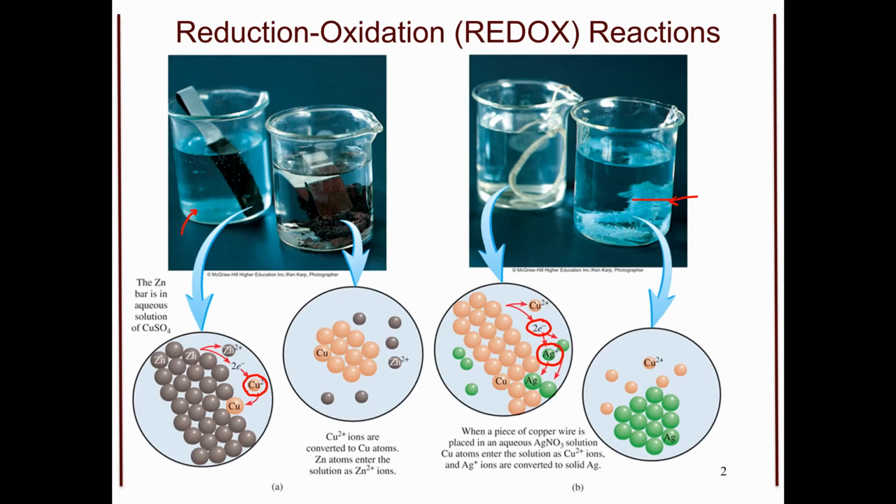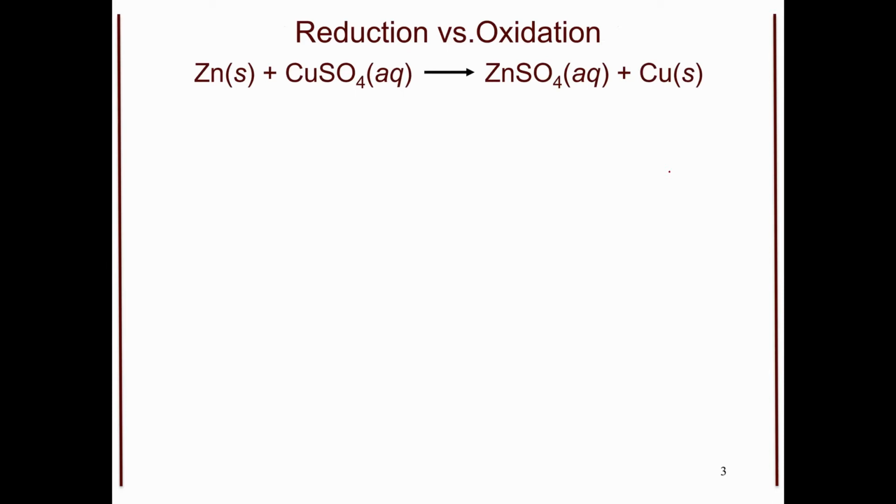During these reactions, we have shown you how atoms are going to lose electrons, that being the oxidation. Then we are going to have atoms that gain the electrons. That is going to be the reduction. So let's look at this reaction here. We have zinc solid and copper sulfate going to zinc sulfate and copper solid.